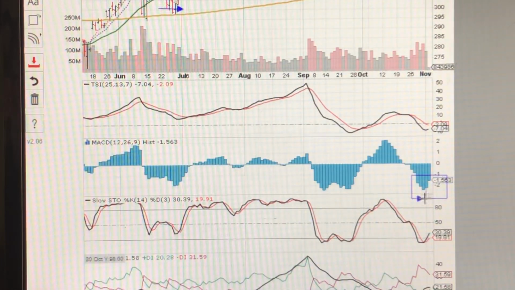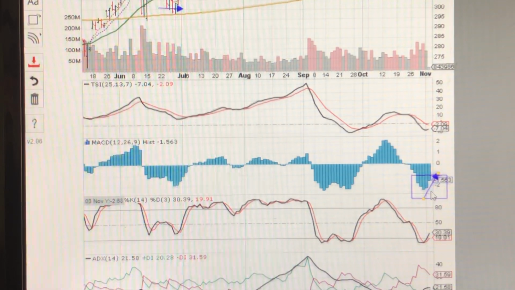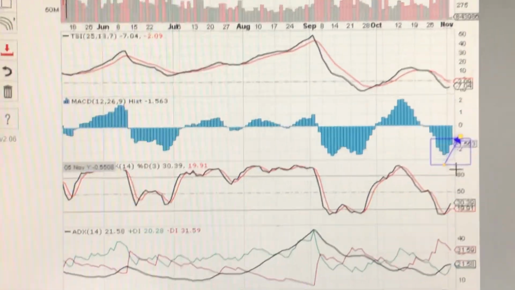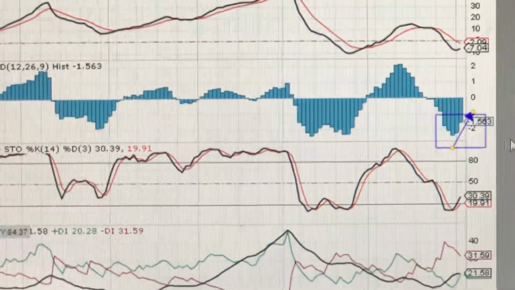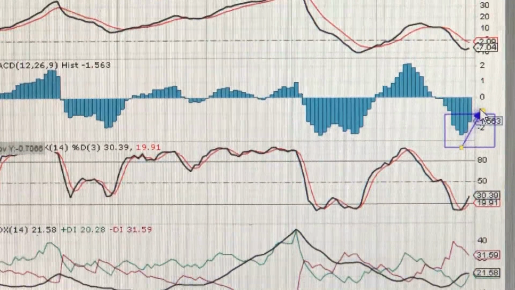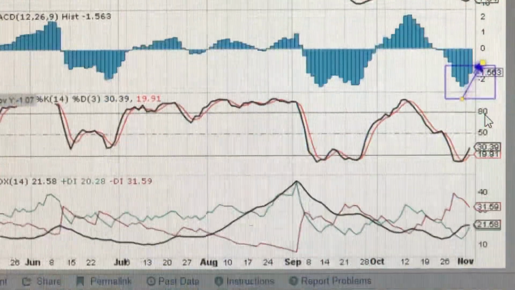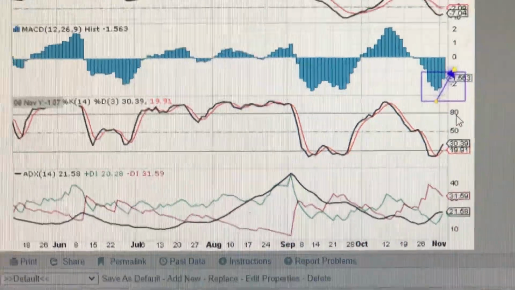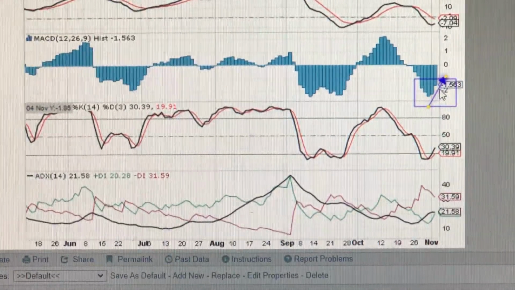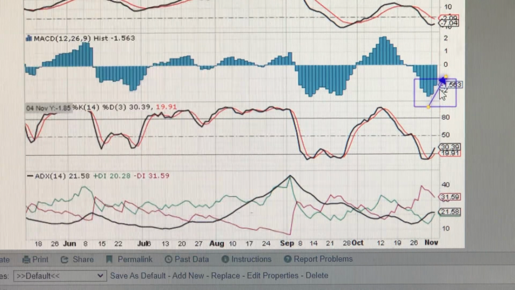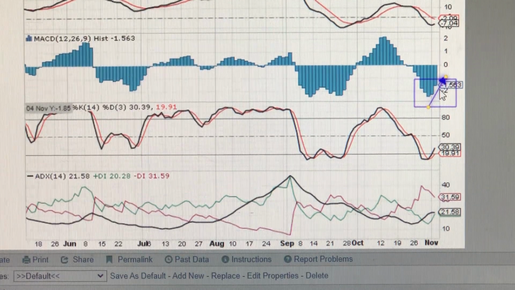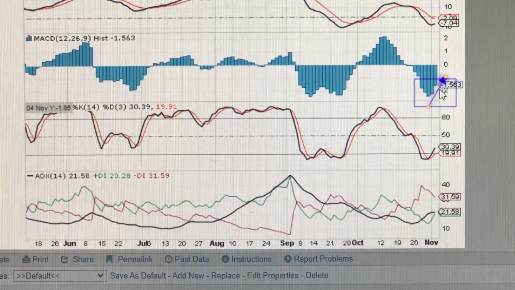And so what are you seeing? That tells you, the histogram, like we've been talking, that the pressure to the downside started to lessen up. What is this measuring? Moving average convergence divergence. It's measuring the distance between the 12-day and the 26-day moving average.